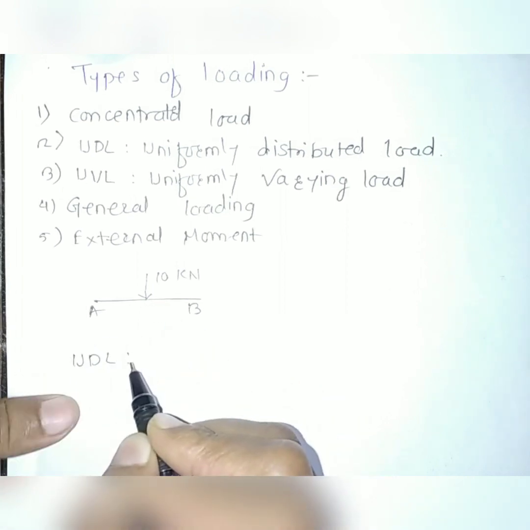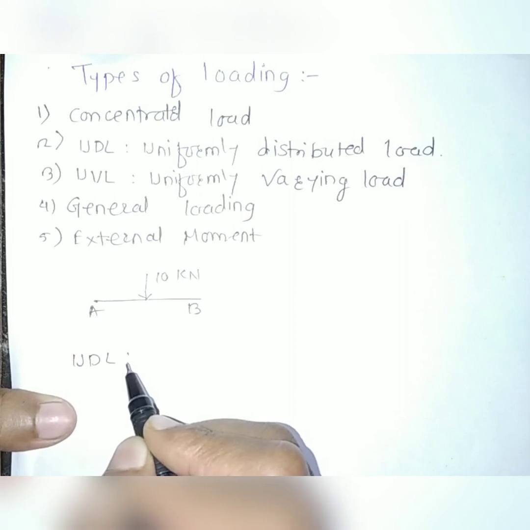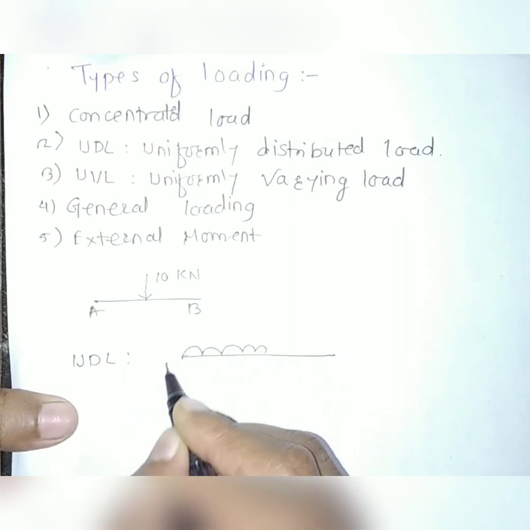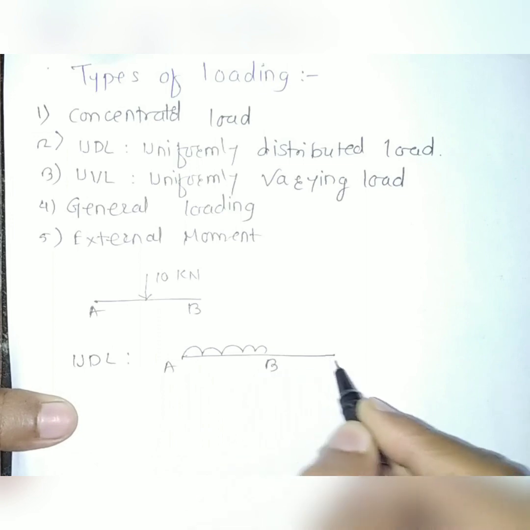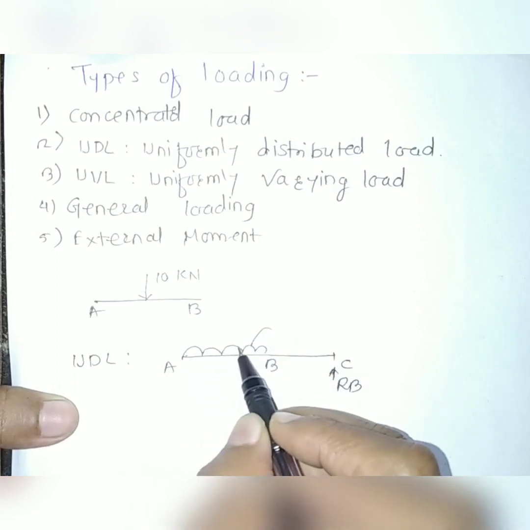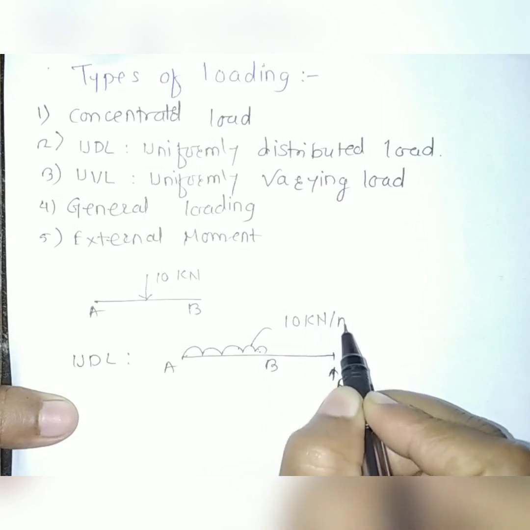It is also called as uniformly distributed load. A load which has some intensity over a particular length is called UDL. Suppose this is a beam ABC. So this particular symbol is UDL. It is 10 kilonewton per meter.